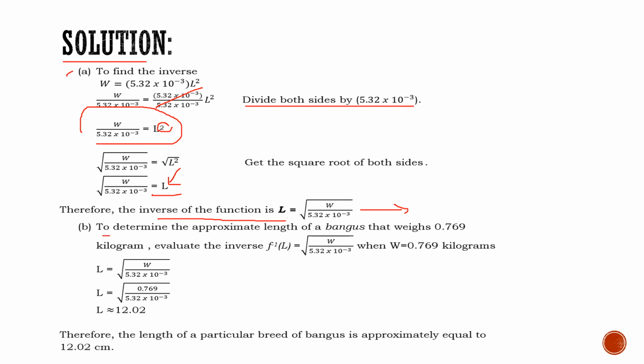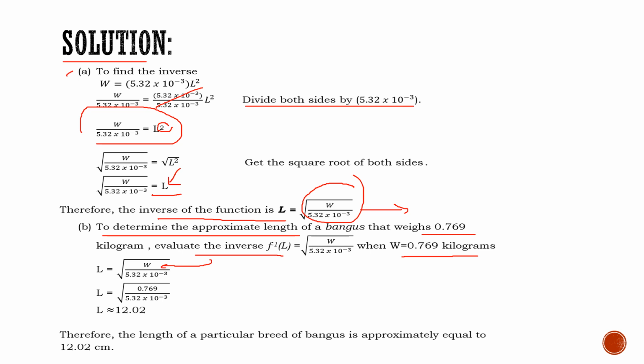So to determine the appropriate length of a bangus that weighs 0.769 kilogram, evaluate the inverse function f raised to negative 1 of L using your inverse function here when W is 0.769 kilogram. So we simply substitute this 0.769 as the value of your W here.